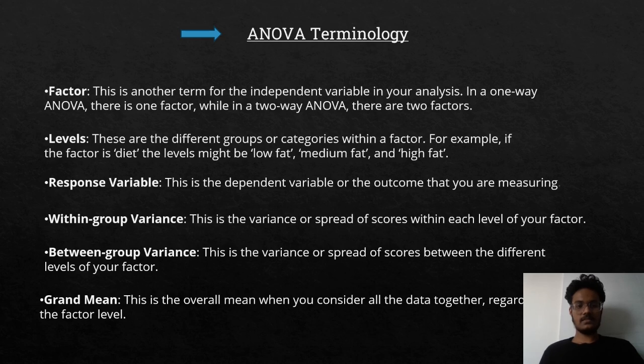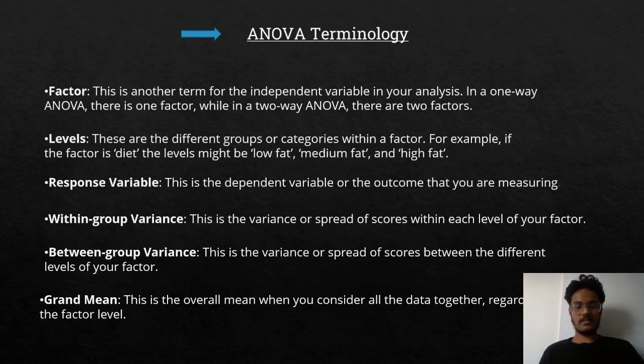The second one is levels. These are different groups or categories within a factor. For example, if the factor is diet, the levels might be low fat, medium fat or high fat. Then response variable. This is the dependent variable or the outcome you are measuring. Next, within group variance.